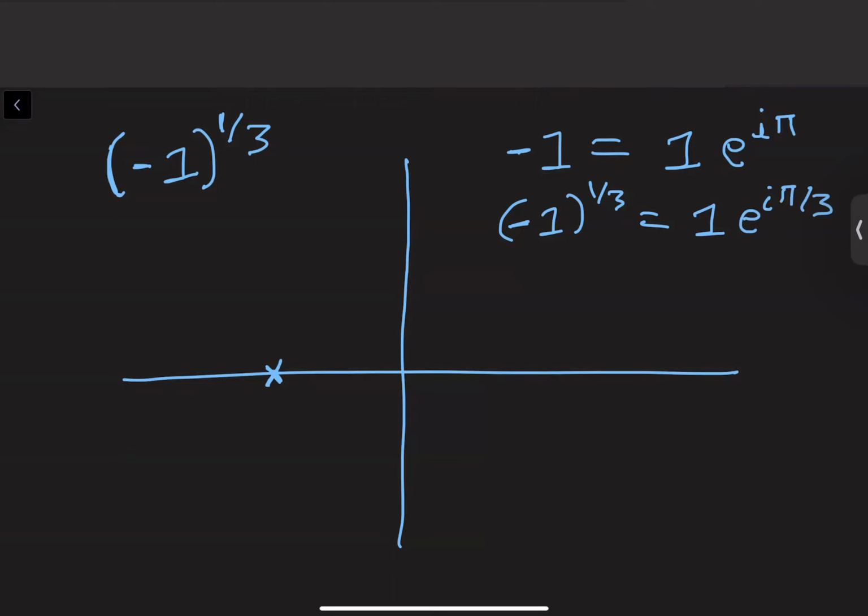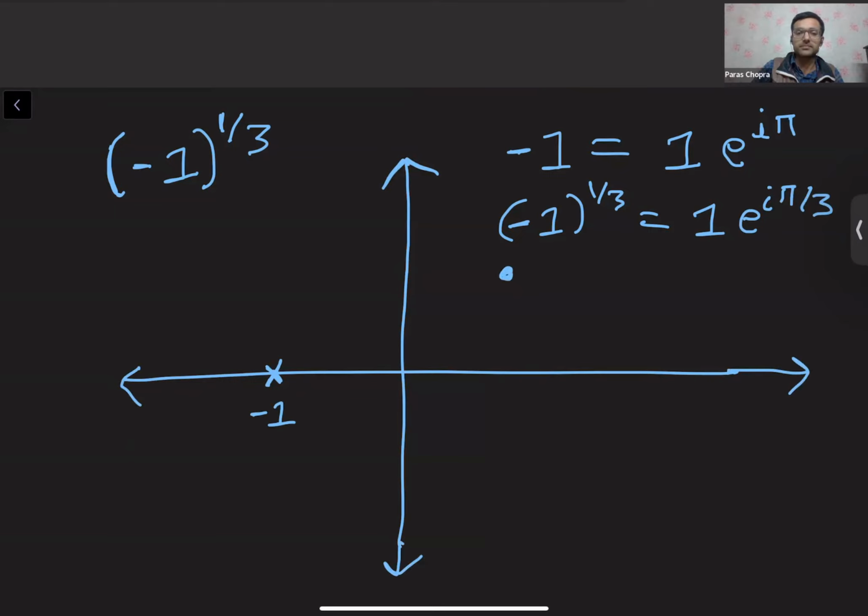So क्यूब रूट ऑफ -1 किधर लाई करेगा आर्गेंट प्लेन पे? Okay, somewhere over here. It will have a magnitude of 1 but an argument of pi/3.